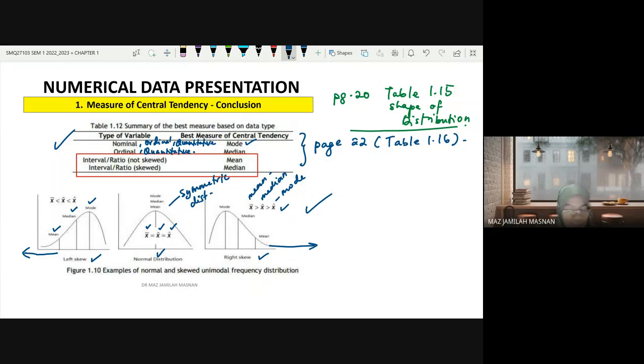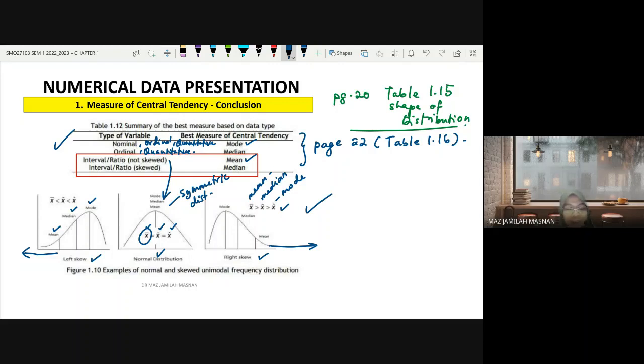Now for the mean, if your data is not skewed, then the mean will be the best to use. So here the mean will be used to describe our measure of central tendency.